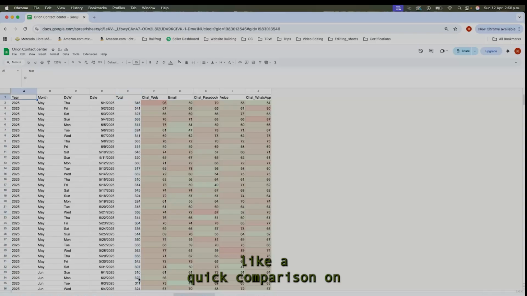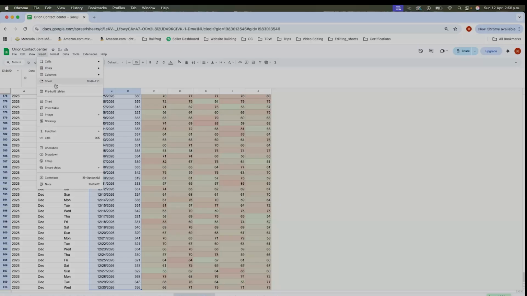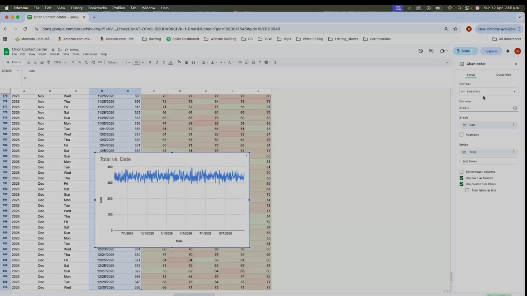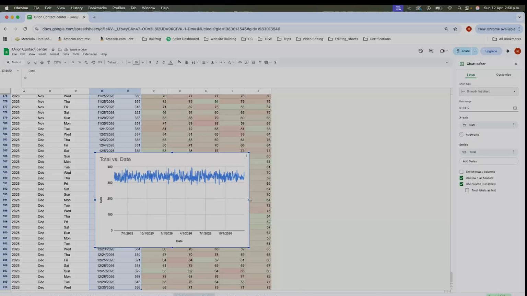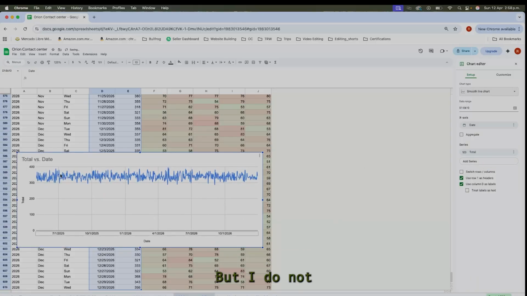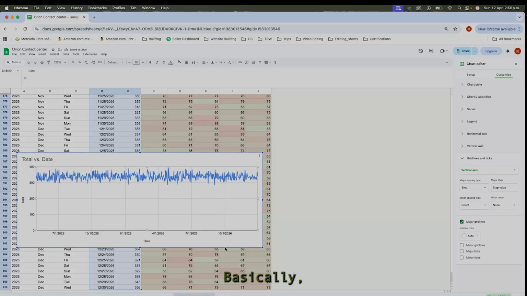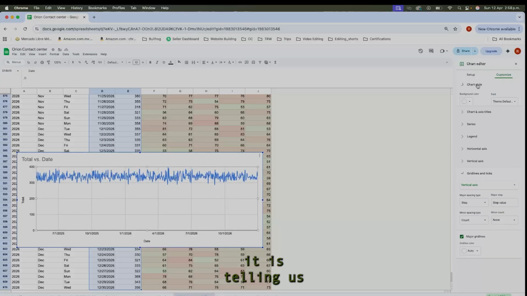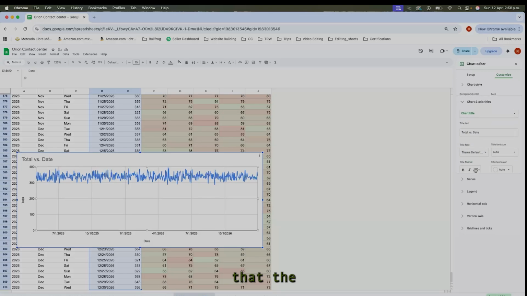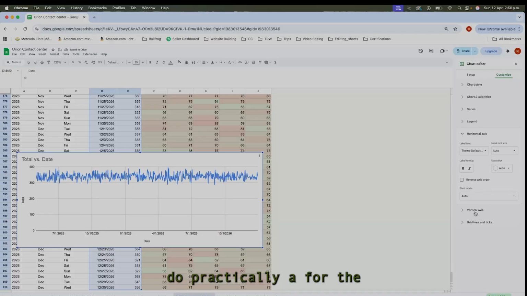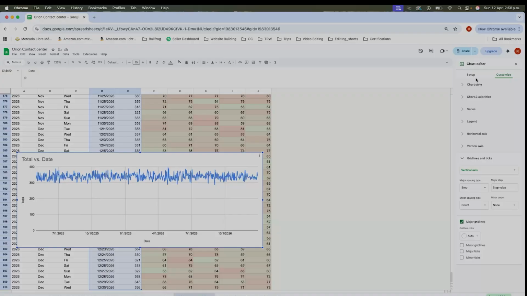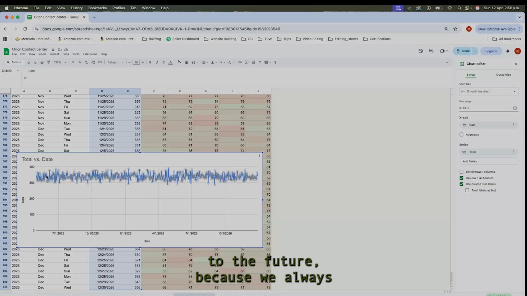If you want to do a quick comparison on how this is growing through time, we can insert here a chart to see if we can detect any specific pattern, but I do not see any consistency. Basically, it is telling us that the volume is practically the same, so it would be really easy to forecast the same amount of interactions into the future, because we always receive this amount of volume.